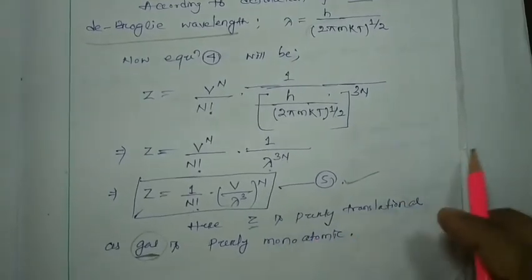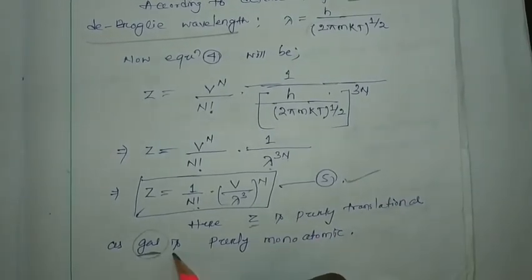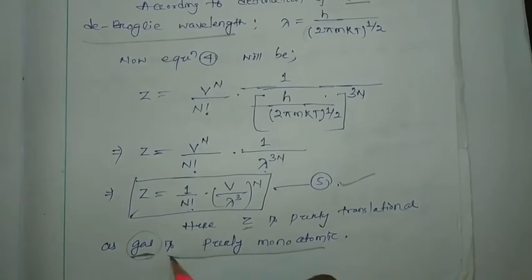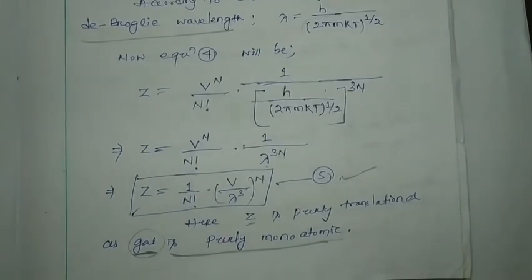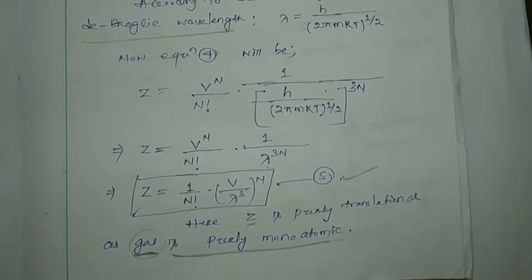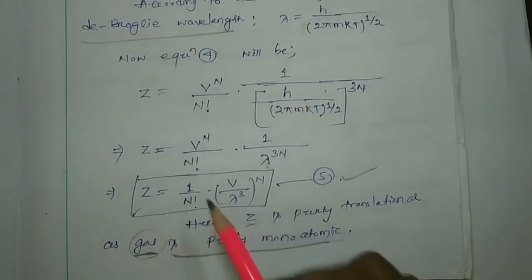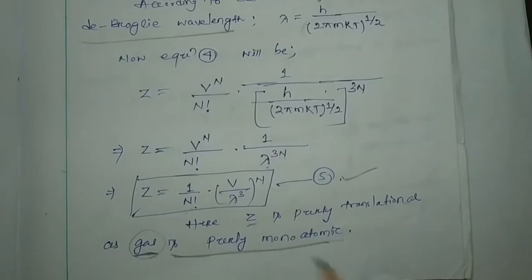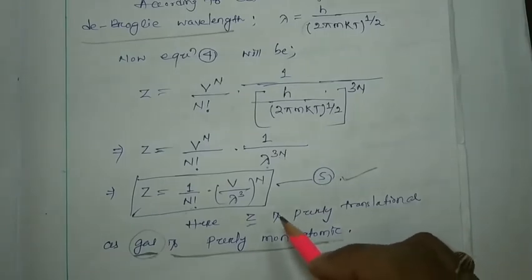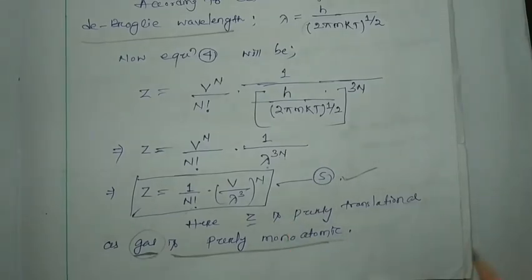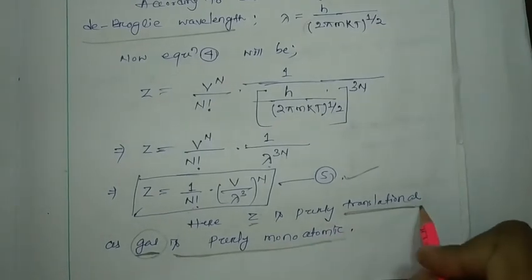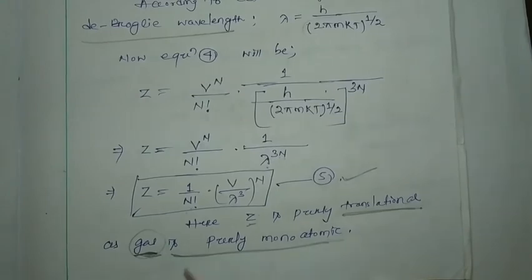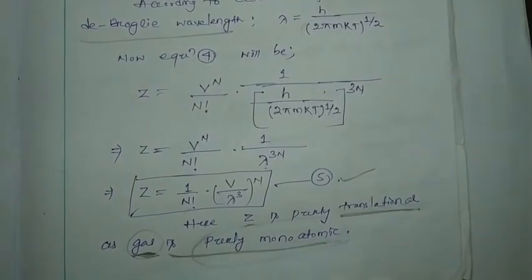Here z is purely translational, for a gas that is purely monoatomic. That means this partition function represents the distribution of gas molecules moving with translational motion only, and the gas consists of purely monoatomic particles.